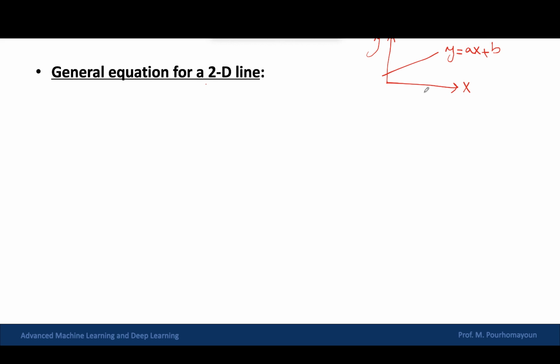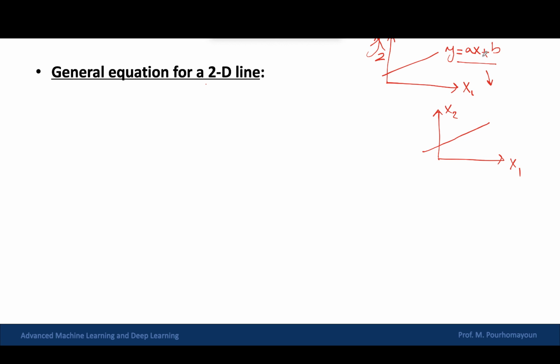Well, in general, because we want to work with many features, let's call this like x1 and x2 rather than x and y, okay? So if I want to change it a little bit, so my new plane will be like x1 and x2, because in general I may have 100 of these features, and so I use indices to show them.